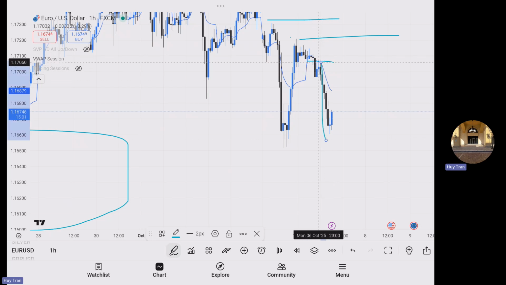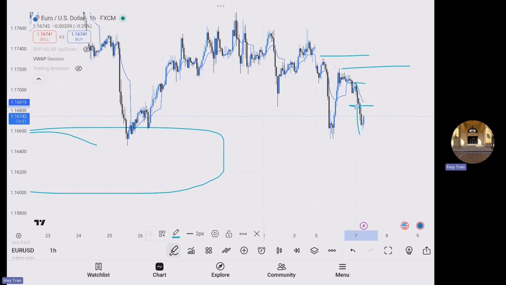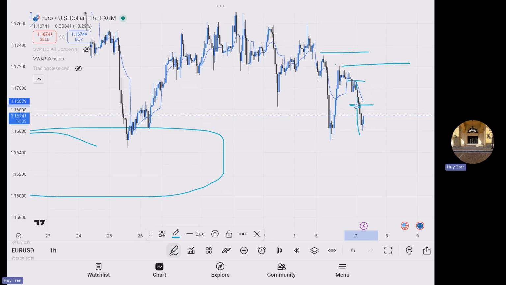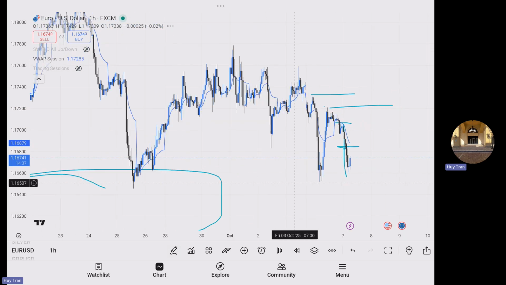So he might have gotten out here and secured this much profit, but I don't know. I think he got out somewhere right here, giving back to the market more money than it deserved.